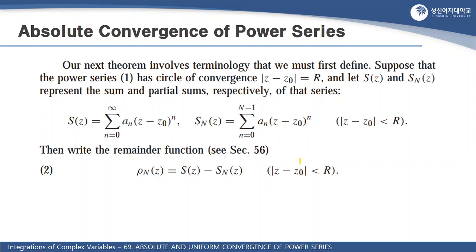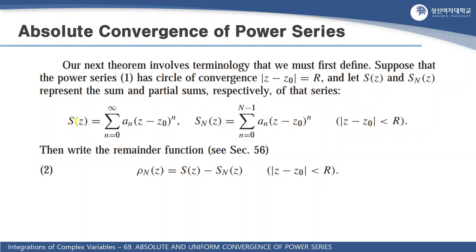Before that, we need some terminology. Suppose that the power series 1 has a circle of convergence, absolute value of z minus z naught equal to large R, and let S(z) and S sub N(z) represent the sum and partial sums respectively of that series.